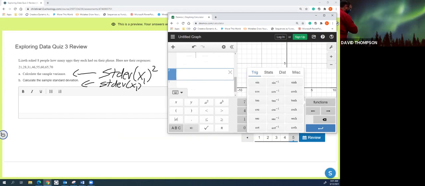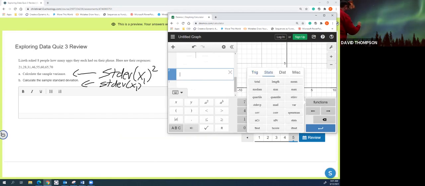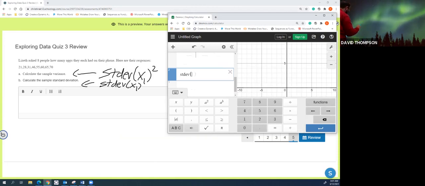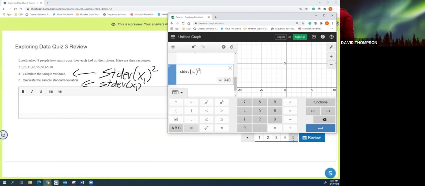Functions, it's stats. See how there's 2 STDEVs, one at the P, one at the P. So click the one at the P and type in x1. Close it and square it. So for part A, our sample variance is 340.